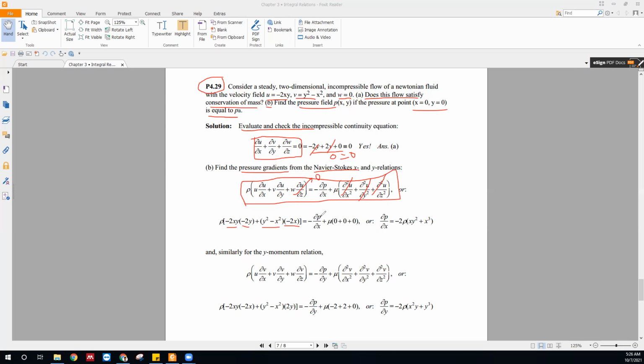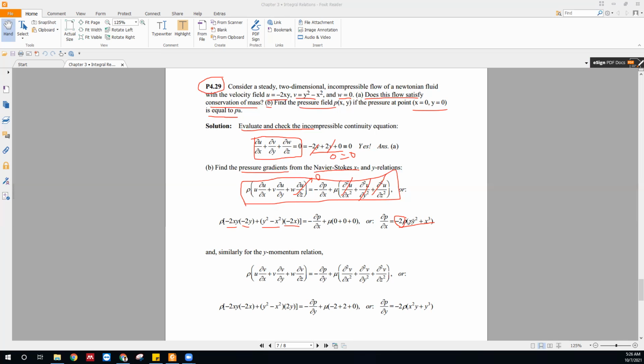Then we get delta p by delta x equals rho times, this one will be minus plus, 4xy square minus 2xy square plus 2x cube. So we take the common factor of minus 2 rho. You should get xy square plus x cube, right?